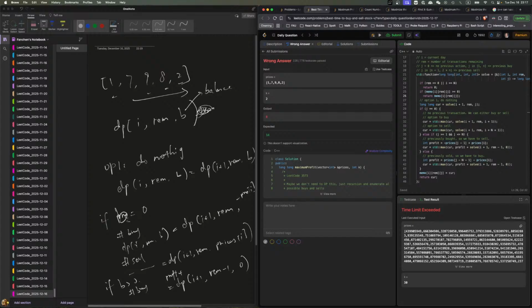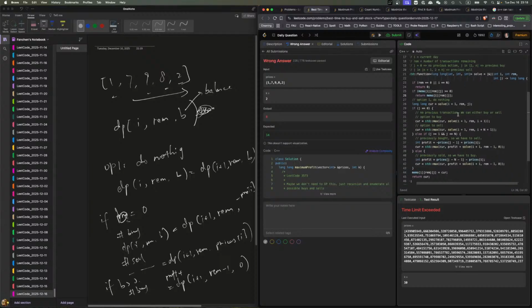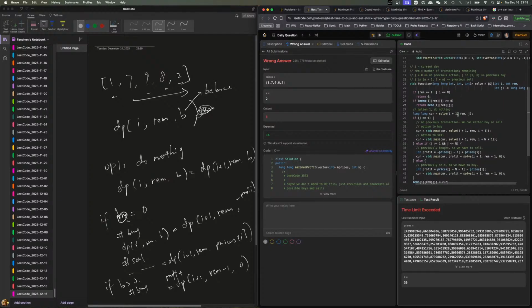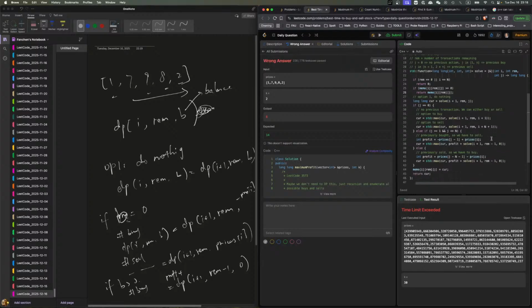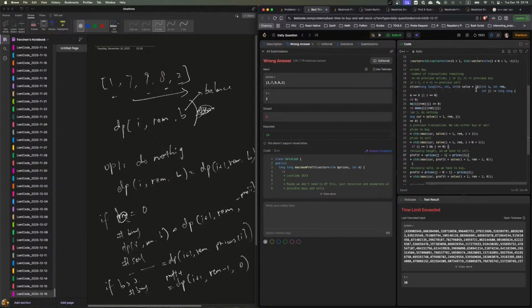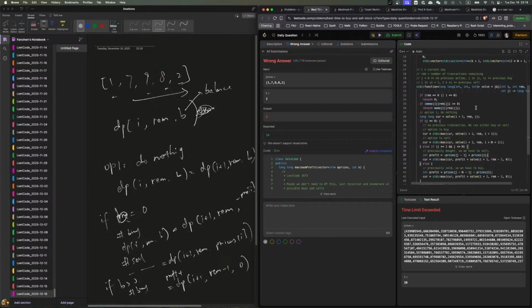Oh, I see. I need to set to a different number. I see. Because it can be negative. But then I don't have a way to indicate that this one has not been taken.